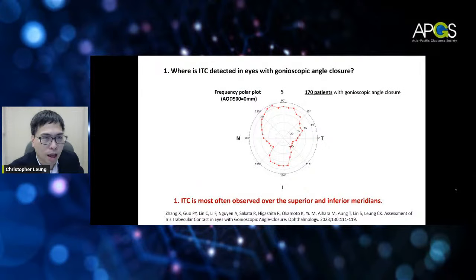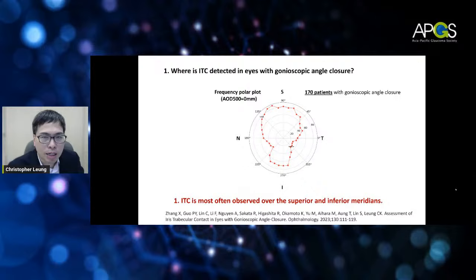The first question we ask is, where is ITC detected in eyes with gonioscopic angle closure? We have about 170 patients from 5 different sites around the world, and they all have angle closure defined by gonioscopy. We have PACS, PAC, and PACG in this group of patients.